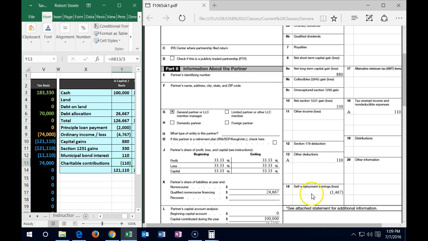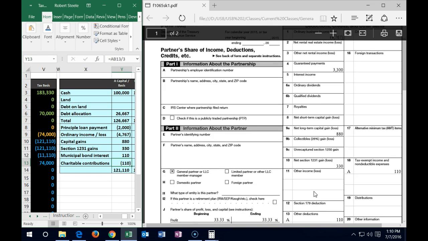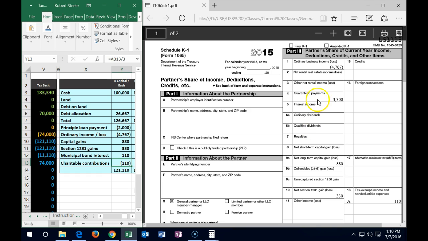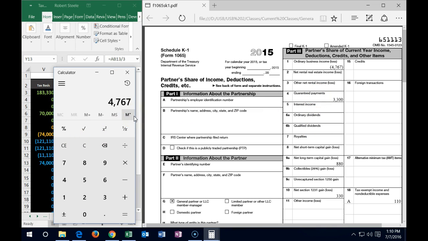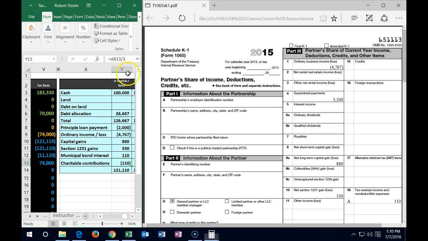Then we've got the self-employment earnings. Now remember, most of the earnings would be subject to self-employment, Social Security and Medicare, when it flows through. Normally it would be kind of the same as box 1, but because of the guaranteed payment in this case, we're taking the 4,767 minus the 3,300 to get that 1,467.